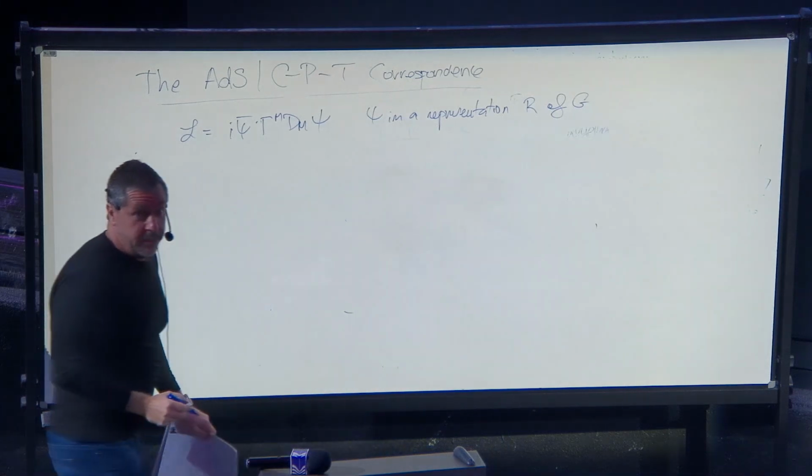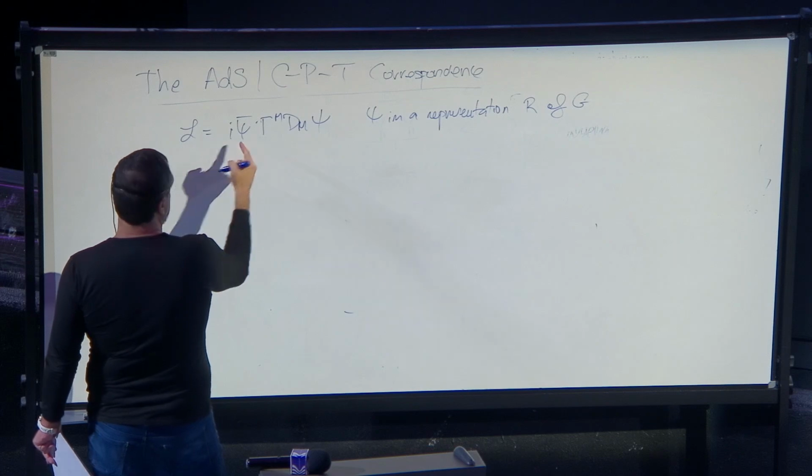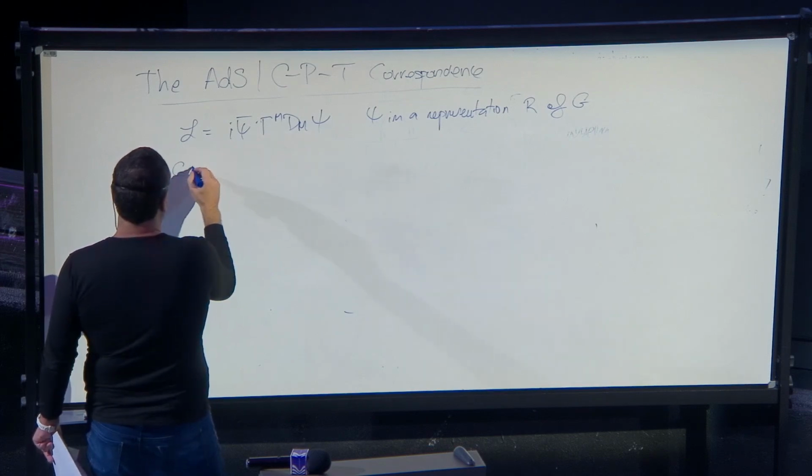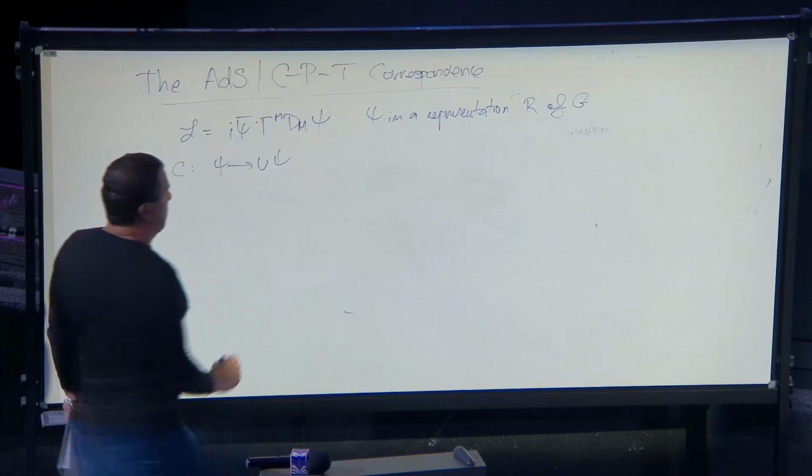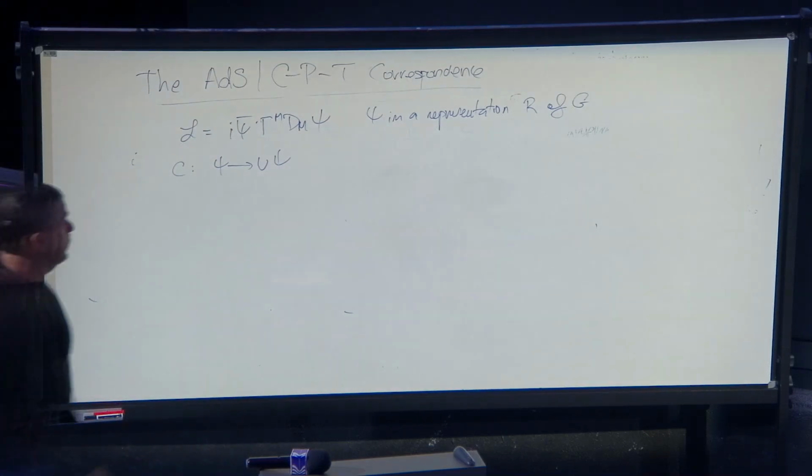You can ask, when does C exist? Well, let's write the most general transformation that will give the kinetic term of the fermion C invariant. You make this transformation, psi goes to U psi, where U is a unitary matrix.